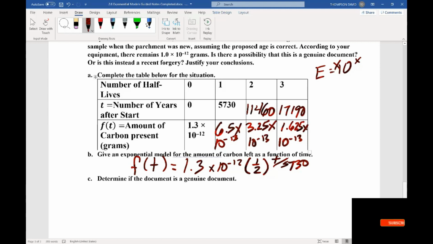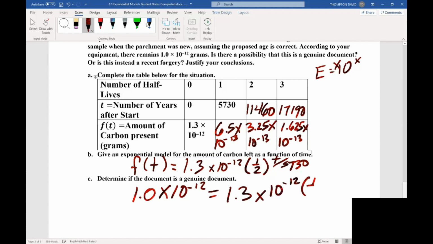So for part C, we want to determine if this is a genuine document. So what we're going to do is use Desmos. 1.0 times 10 to the negative 12 is our one function, and we'll set that equal to 1.3 times 10 to the negative 12 times 1 half to the power of t over 5,730.